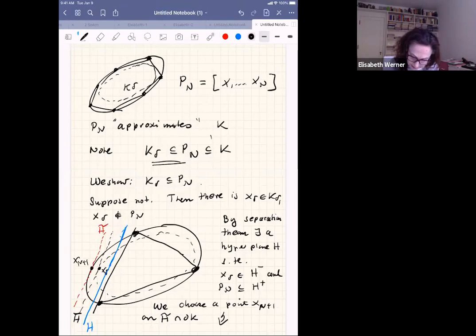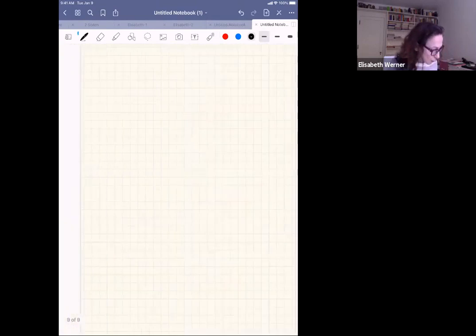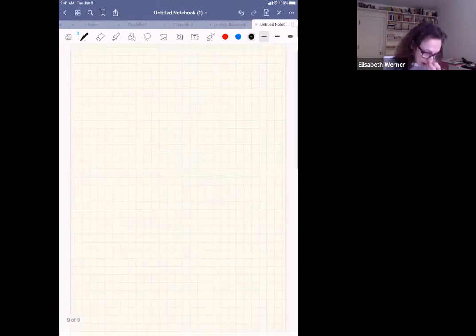So we can get another point, and that contradicts that n was the maximum number of points chosen, because the process had finished with the number n. So that shows us that indeed the floating body is contained in this polytope that we have chosen with this floating body algorithm.